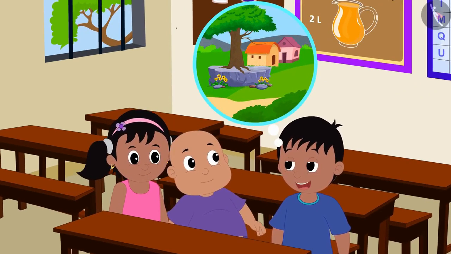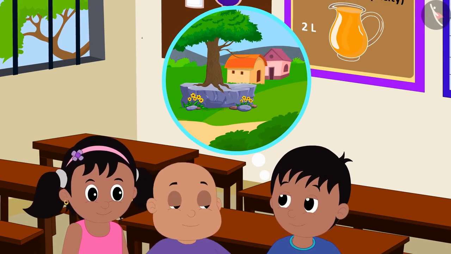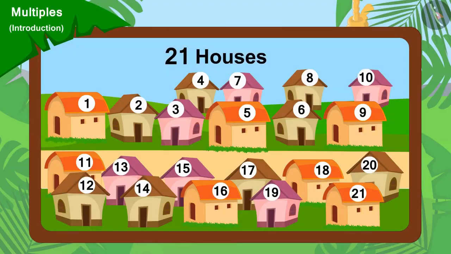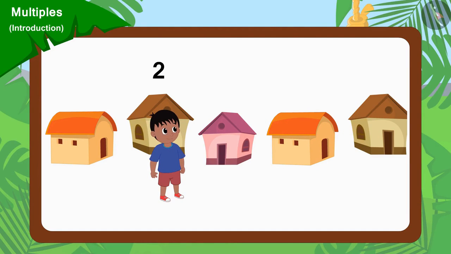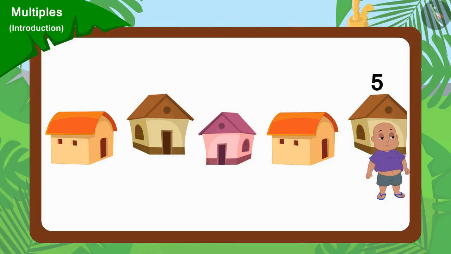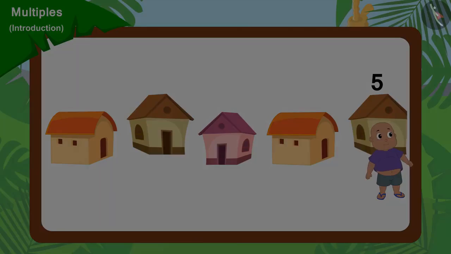He said that they would not go to the same house but go to different houses. There are a total of 21 houses in the village. Raju will go to every second house. Pinky will go to every third house and Bablu will go to every fifth house.